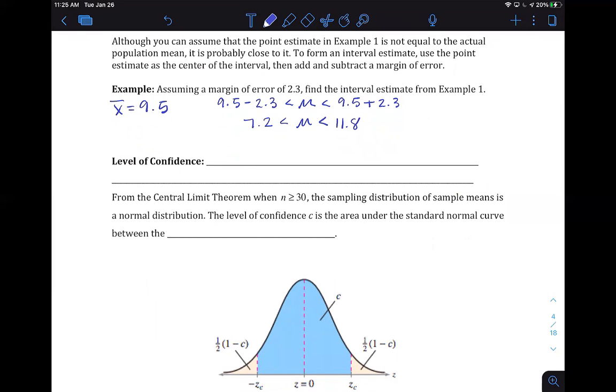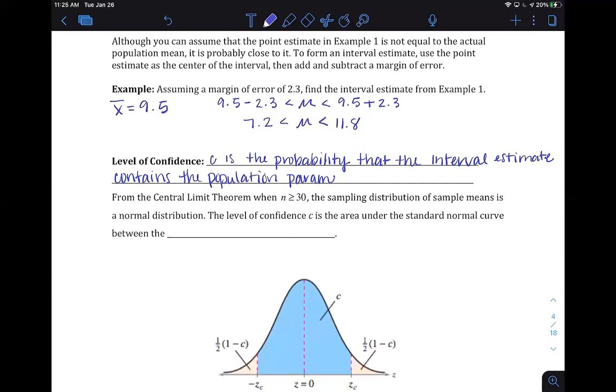So the level of confidence, C, so we use a lowercase c for it, is the probability that the interval estimate contains the population parameter. For this one, we're looking at our mean, so it'd be the population mean.